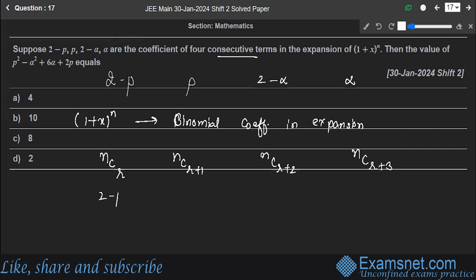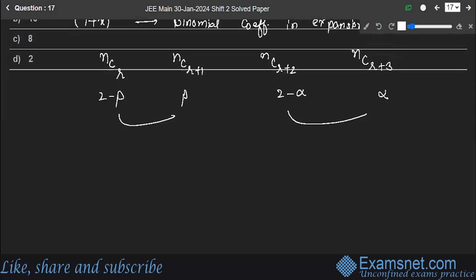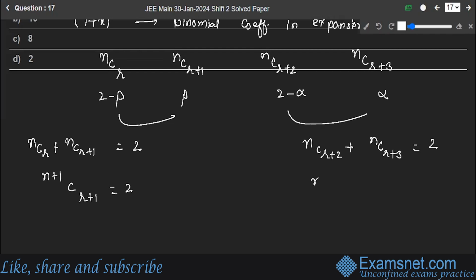So according to the question, this is 2 minus p, this is p, this is 2 minus alpha and alpha. If I add the first two, you will have nCr plus nCr+1 is equal to 2. This is nothing but n+1 Cr+1, this is equal to 2. Similarly here, nCr+2 plus nCr+3 is equal to 2. This is n+1 Cr+3, that's equal to 2.